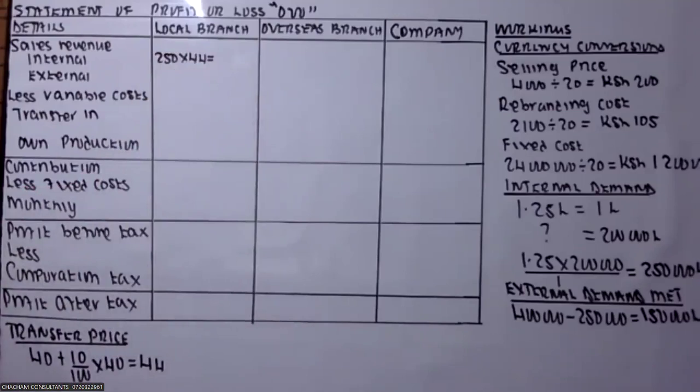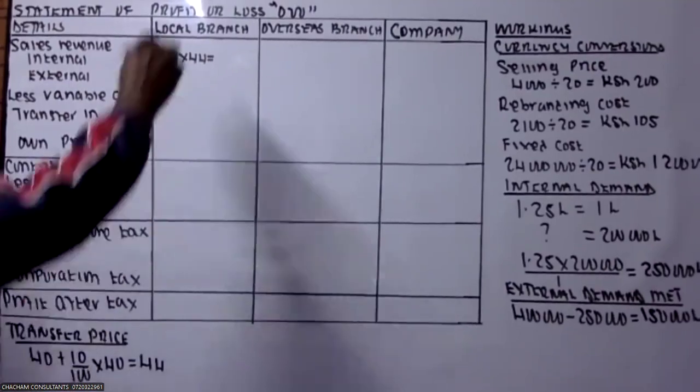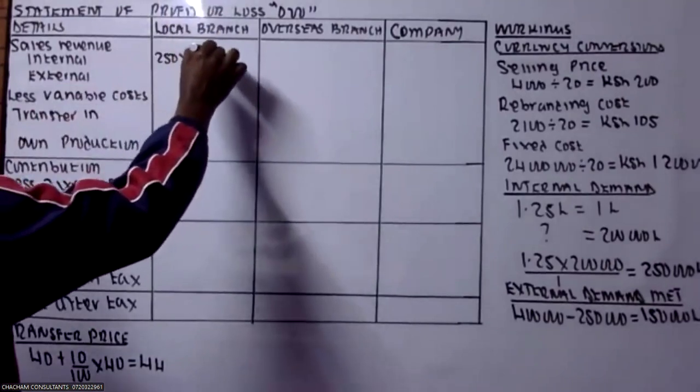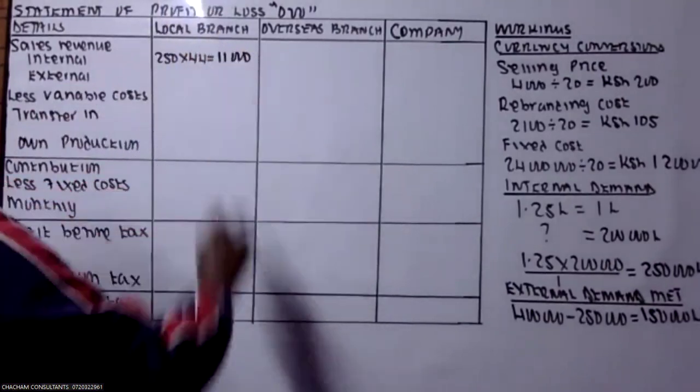Not 144, at 44. 250 at 44 is 11 million. Now that I had already said thousands, I'll put 11,000 that way.